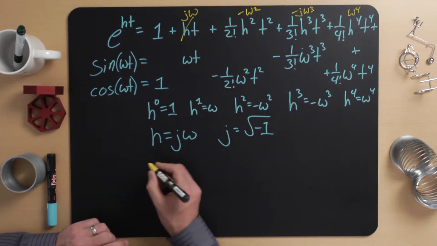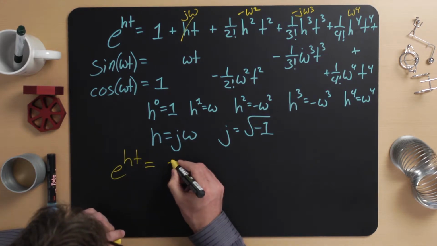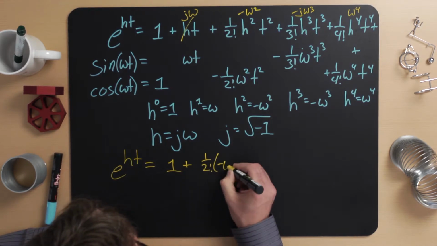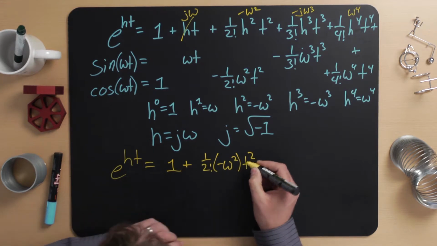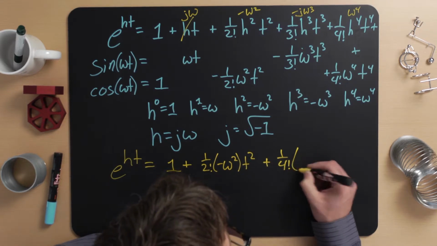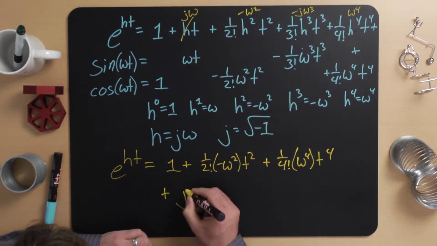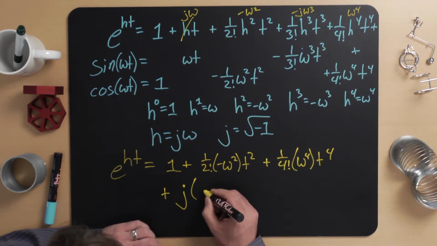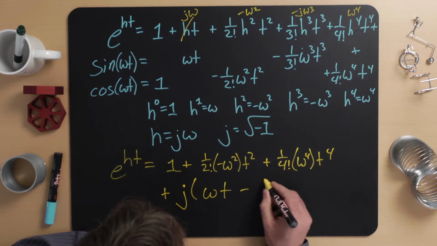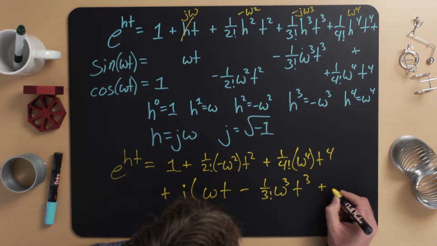If I then write this out, I find out that the exponential is now equal to 1 plus 1 over 2 factorial times minus omega squared t squared plus 1 over 4 factorial omega to the 4th t to the 4th, and then plus j times the other terms: omega t minus 1 over 3 factorial omega cubed t cubed plus the other terms.